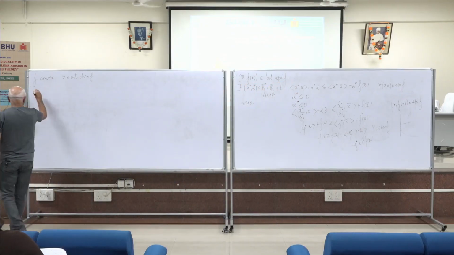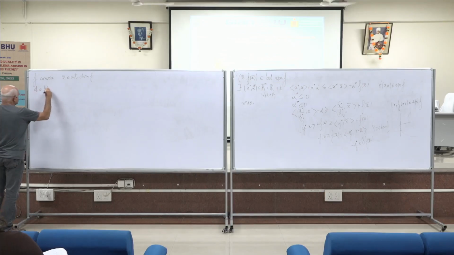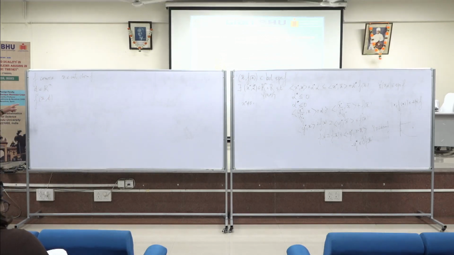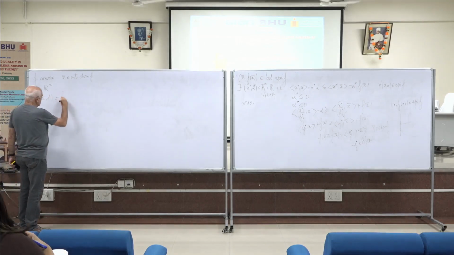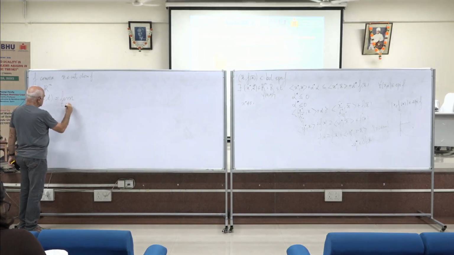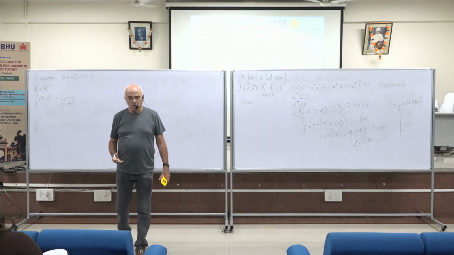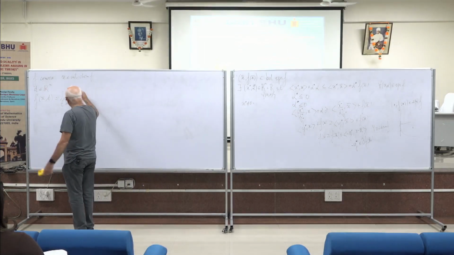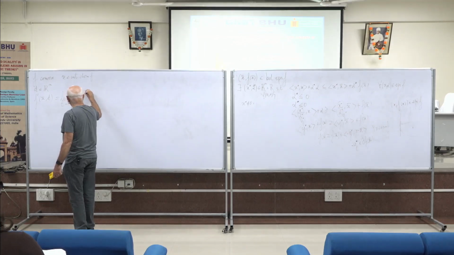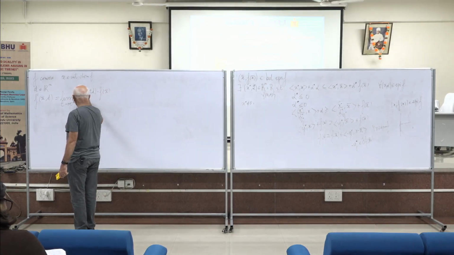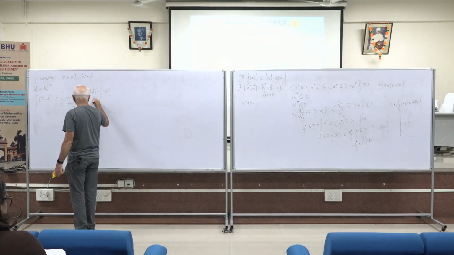So, given a direction d, the one-sided directional derivative of f at x bar in the direction d is defined as the limit as t goes to 0 from the right, so t is positive, of the incremental quotient f of x bar plus td minus f of x bar, divided by t.